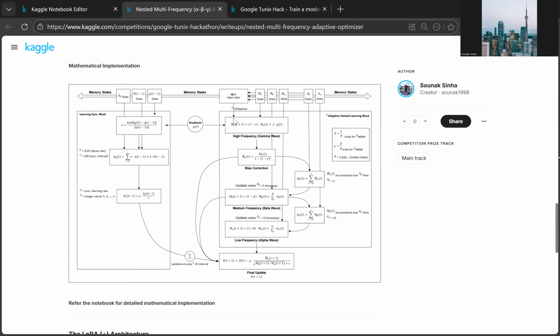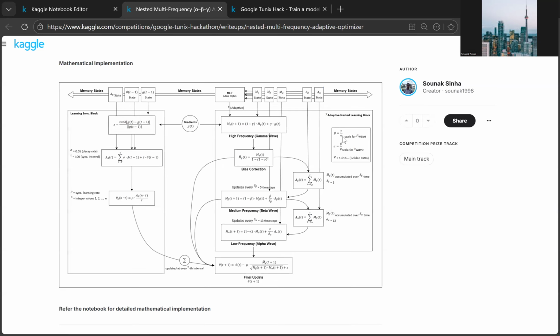The idea is that it would understand how much information has been accumulated and how much is to be pushed to the gamma wave. So the learning rate for the gamma output is adaptive, predicted by the multilayer perceptron. And then beta is a factorization of the golden ratio.